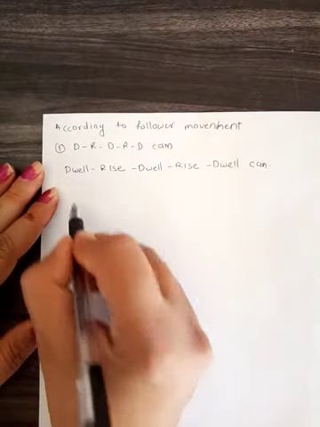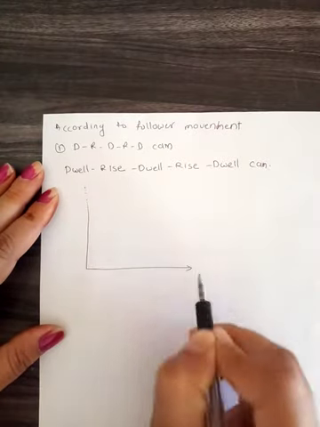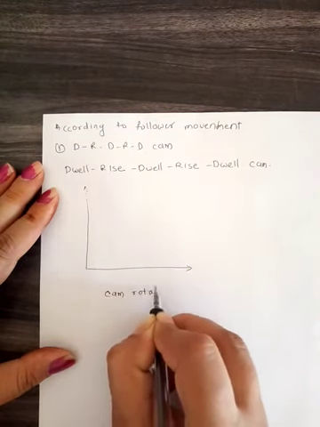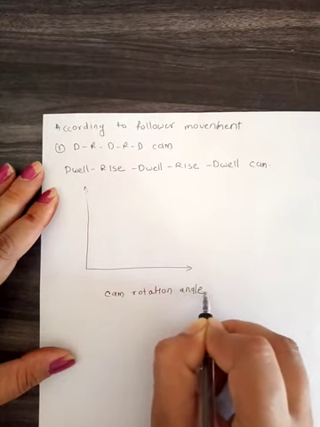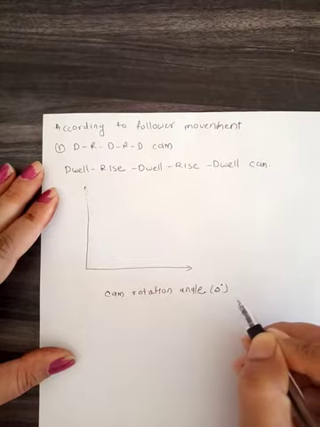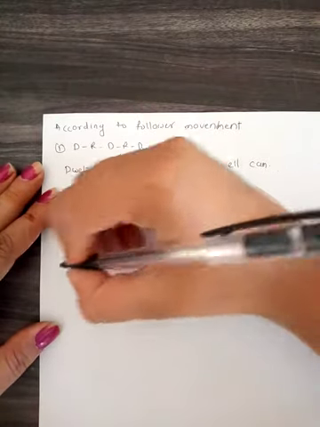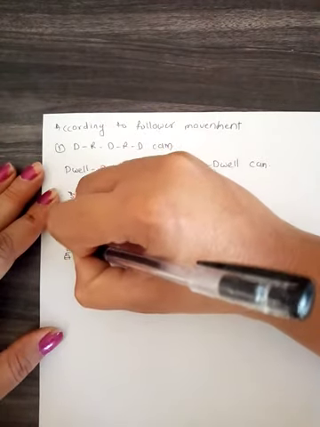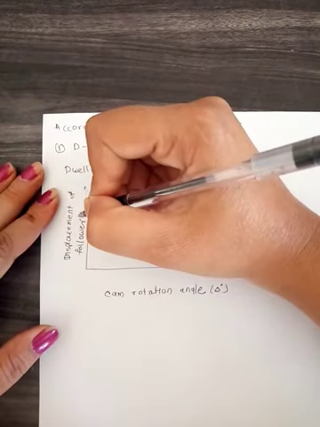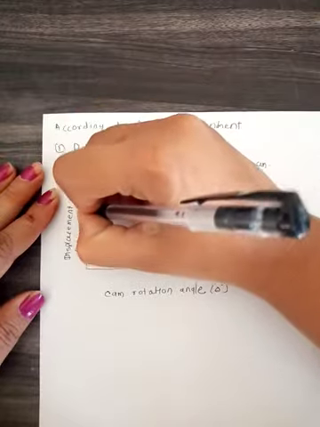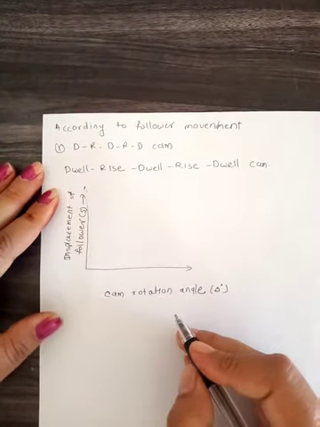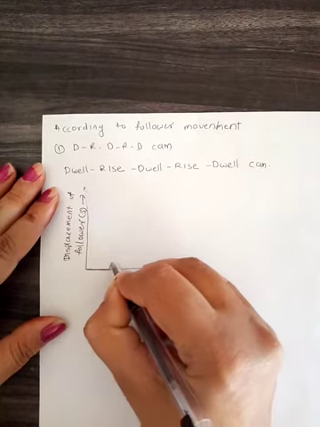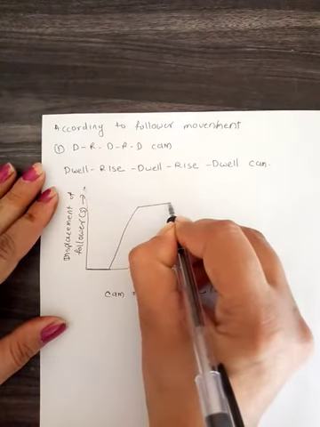How is it drawn? This is the y-axis and this is the x-axis, in which the x-axis is the cam rotation angle theta in degrees, and the y-axis is the displacement of follower, that is S. This is the dwell, this is the rise, and this is the dwell.